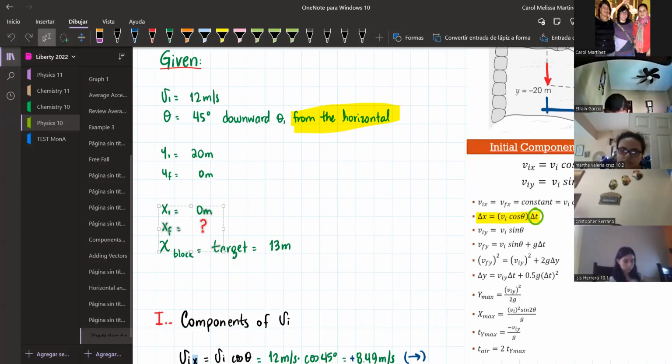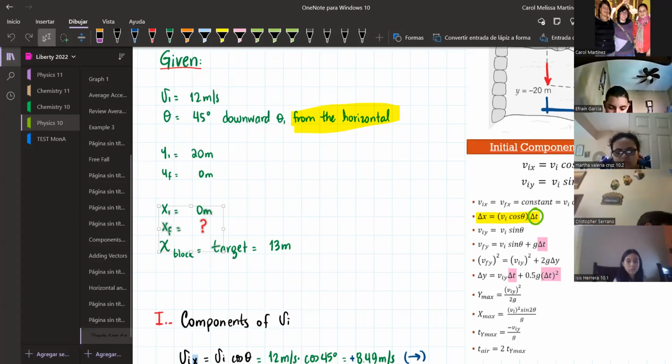Now, we can find the time in two different ways. You can find the time with this equation, or with this other equation, but in this equation the time is raised to the second power, and you have to do a big mess to get it, but still you can get it.